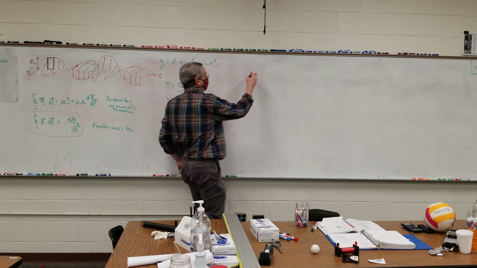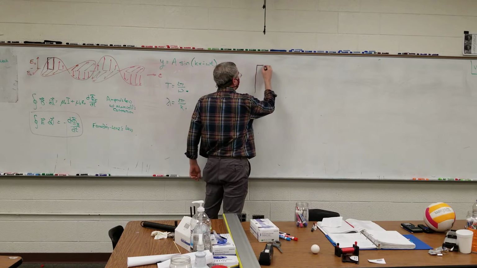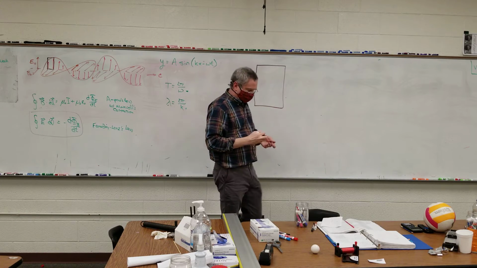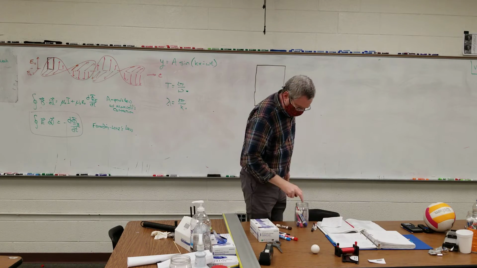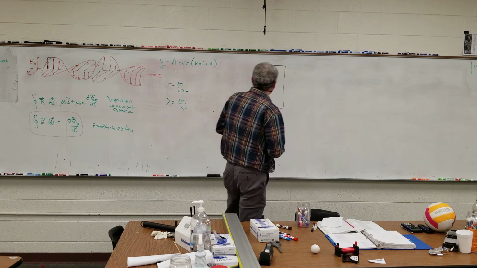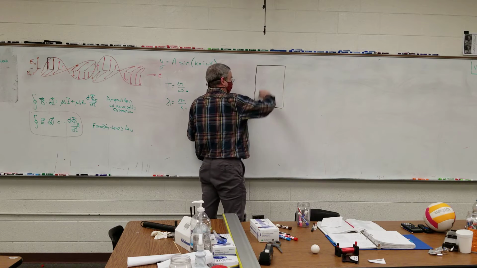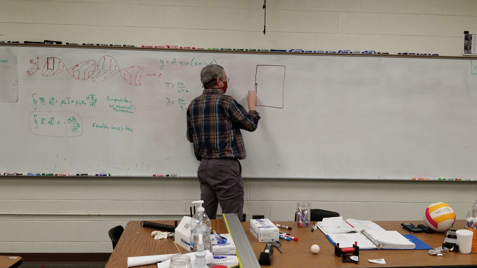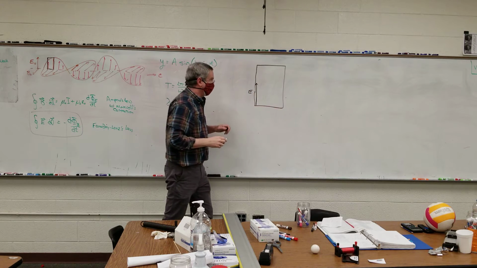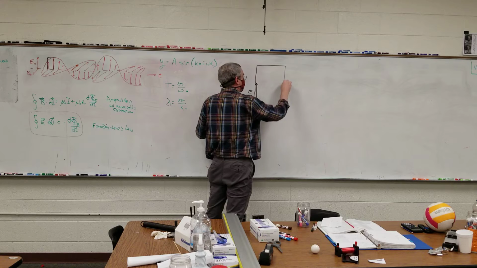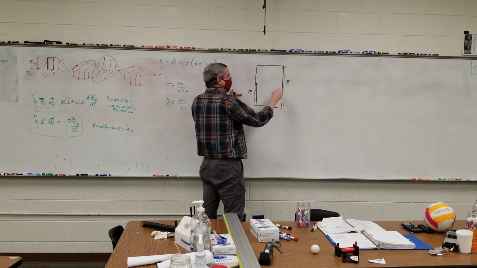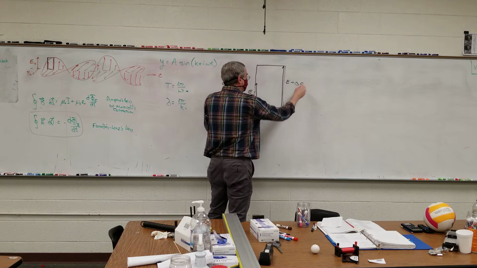In other words, let me draw it bigger. My electric field is going up at this point. So my electric field is some size E here, and over here, this is whatever that length is plus some change.